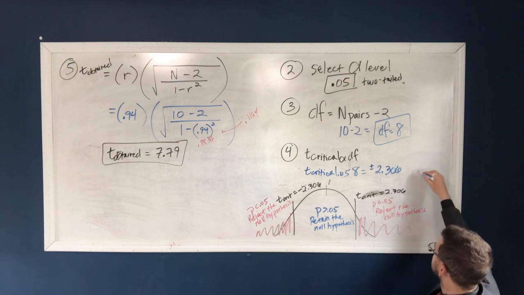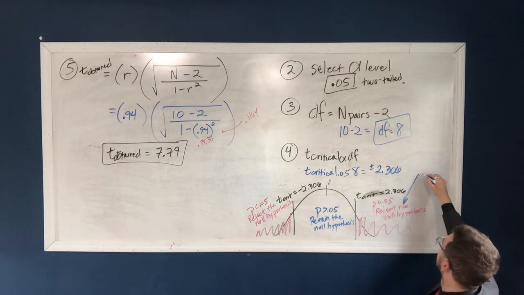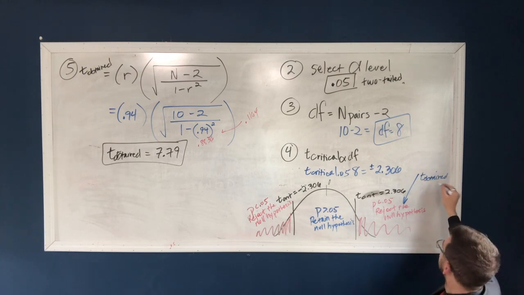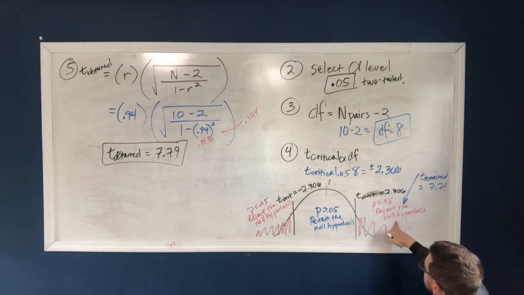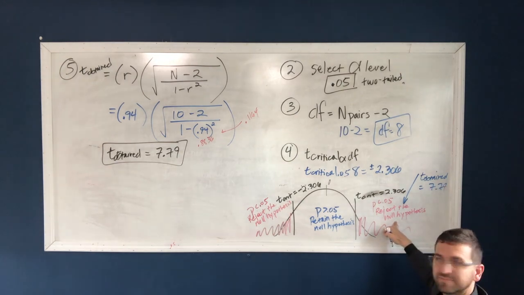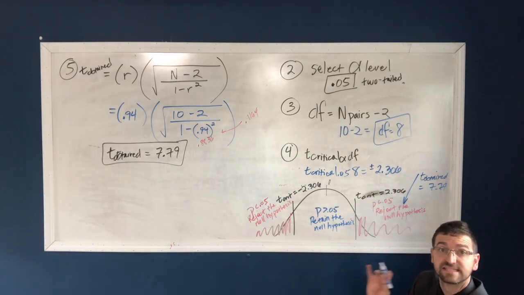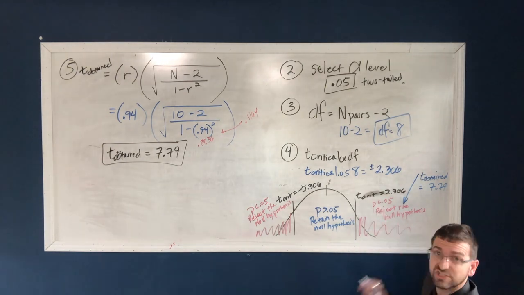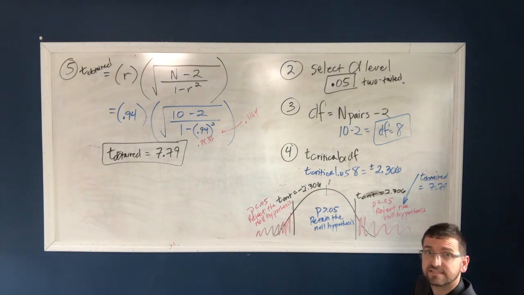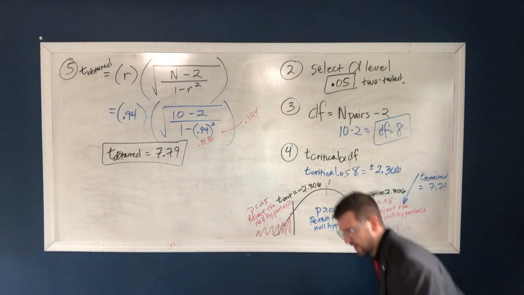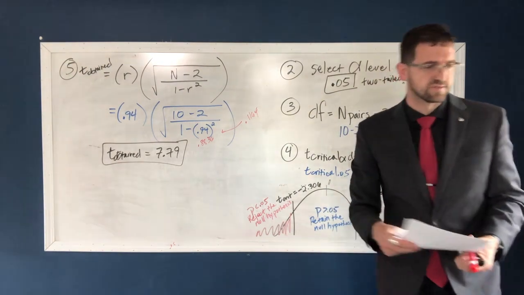Well, clearly our t obtained is going to be over here somewhere, right? T obtained is going to be equal to 7.79. So as you can see, our t obtained is in this region where it says p is less than 0.05, reject the null hypothesis. Okay? Okay, great. So now I'm going to go ahead and write the interpretation.